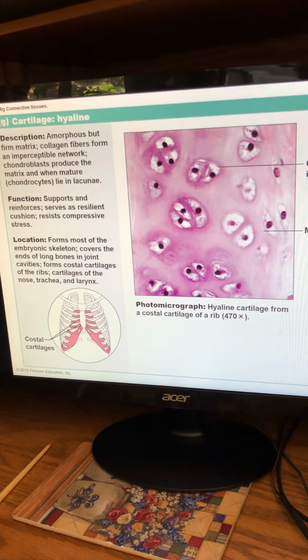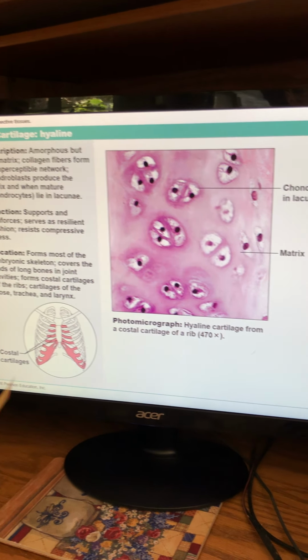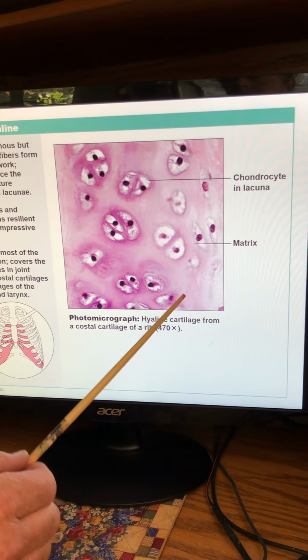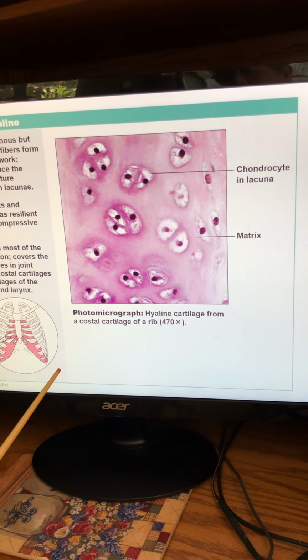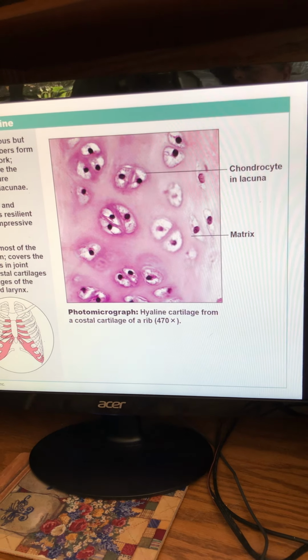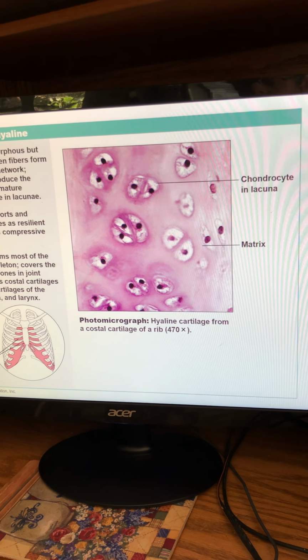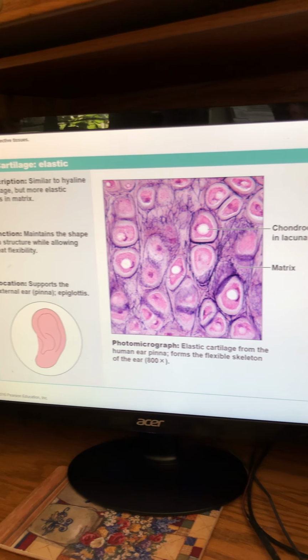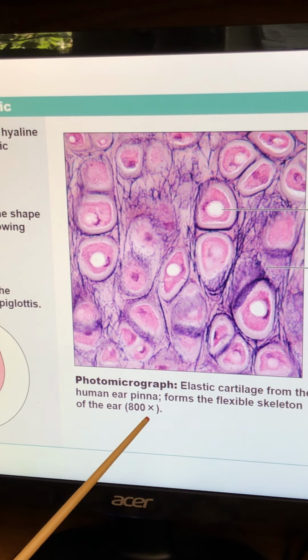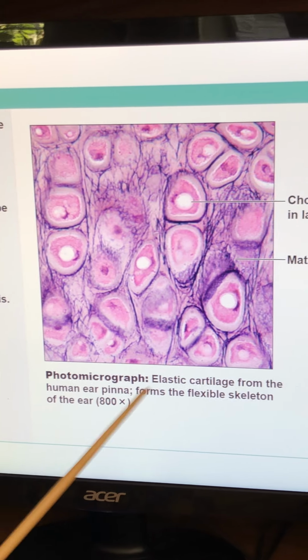Take note of this particular picture, and you'll notice, although you can't see it, there probably is fibers in the background, but on this is 470X, you're never going to see them. But the next type of cartilage, you're going to see them. And this one here is elastic cartilage. Same thing that we had with hyaline, it's just at a higher X. So this is 800 versus 470.